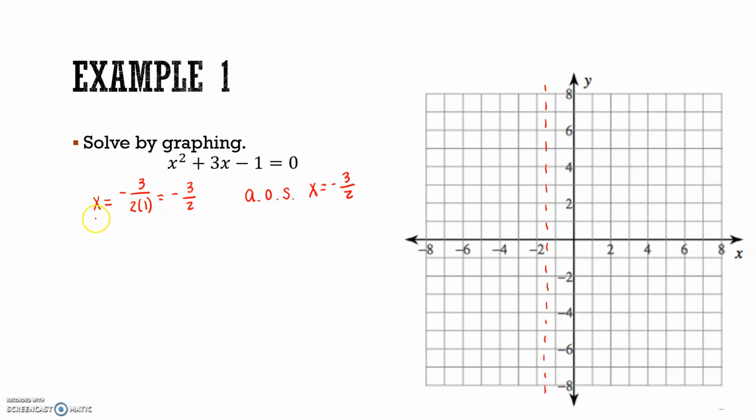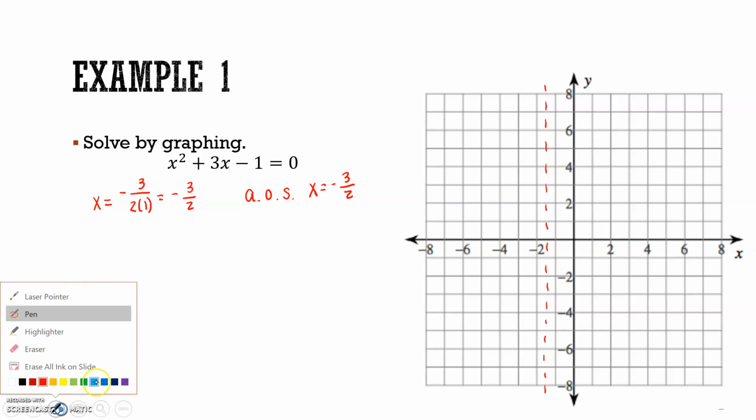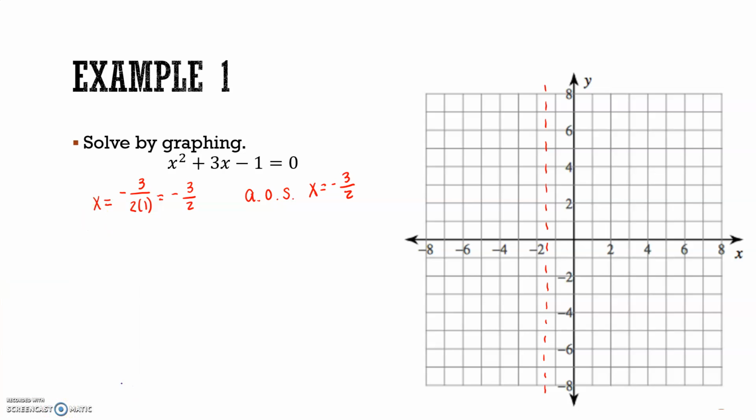Now I want to find my y-coordinate next so that I can find the vertex in its completion. And I'm going to put y equals negative 3/2 squared plus 3 times negative 3/2 minus 1. This would give me 9/4 minus 9/2 and then minus 1, but I want everything to have a denominator of 4.